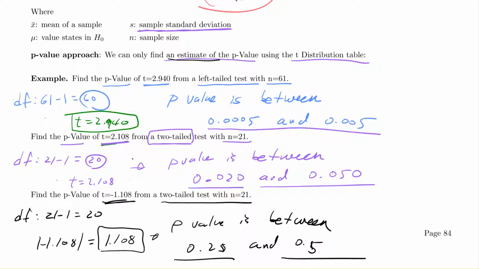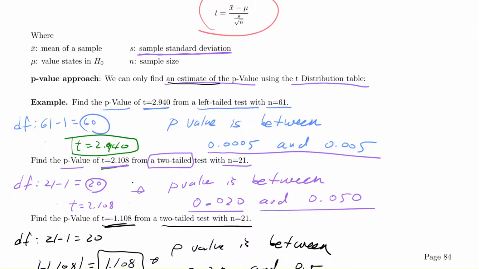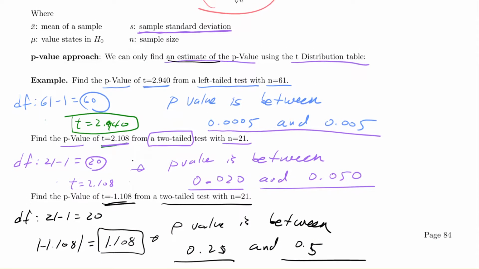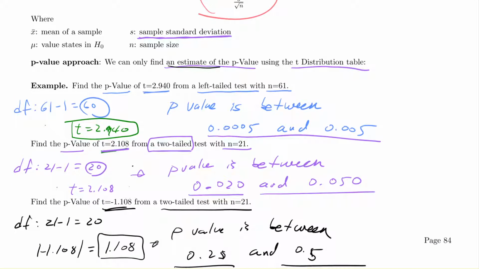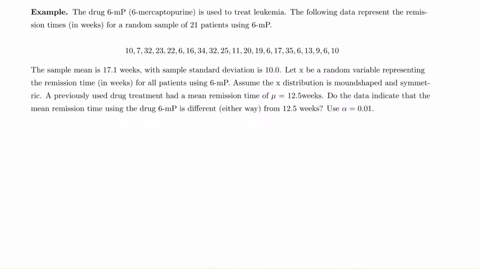We can only find the estimate as a range using a t-table. But this affects the way we make the conclusion, because in the end, we're comparing p with alpha. As long as p is less than alpha, we can make the correct conclusion, at least the conclusion that we desire. Okay. So let's look at a full problem.